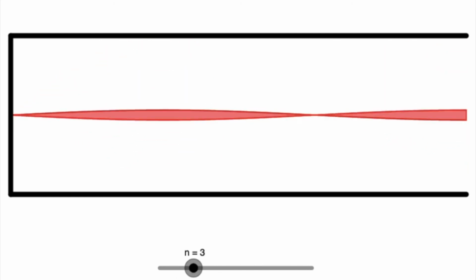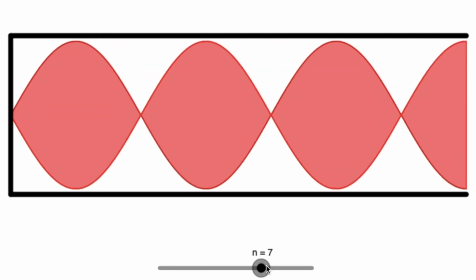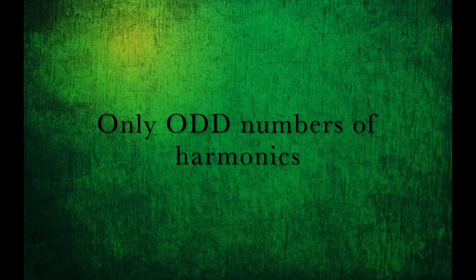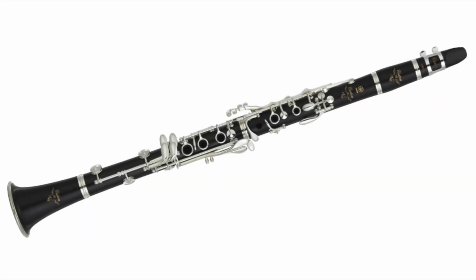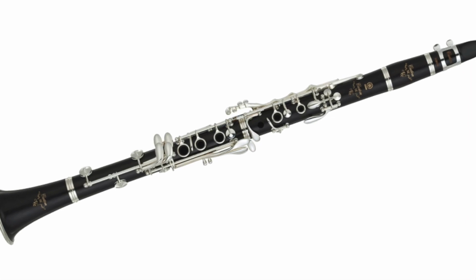We must have the third, the fifth, the seventh, and so on. So we have only odd numbers of harmonics when we have a closed-end air column. Examples of closed-end air columns are the clarinet and some types of trumpet.